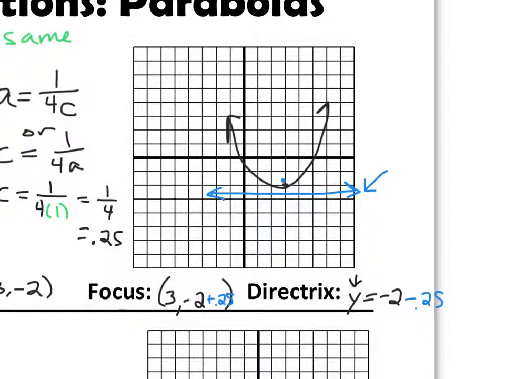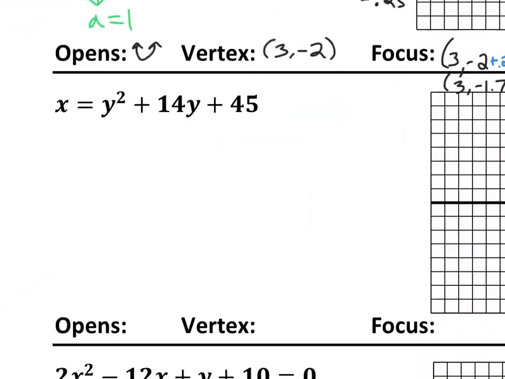Okay, so if I simplified both of those, it would be 3, negative 1.75 and y equals negative 2.25. I really don't like mixed numbers, so let's just do decimals.